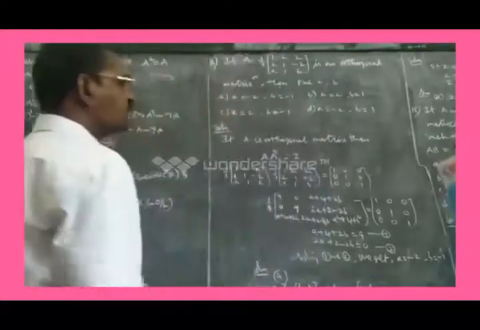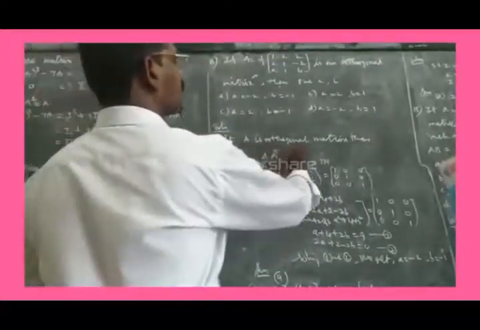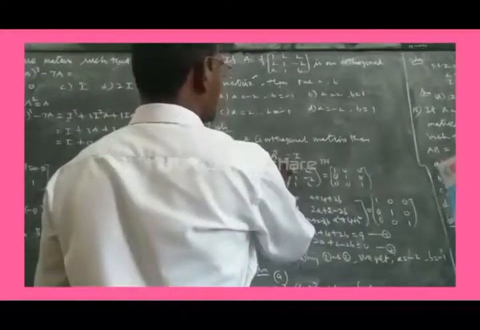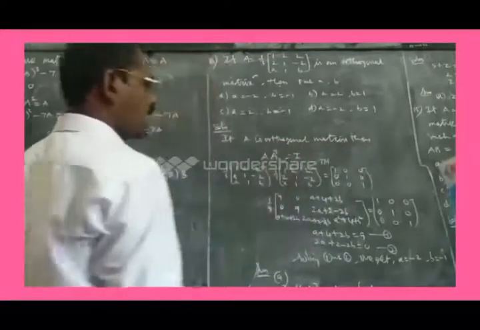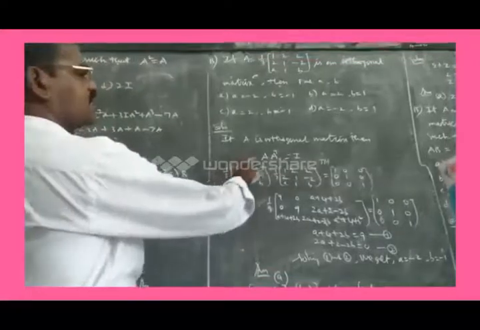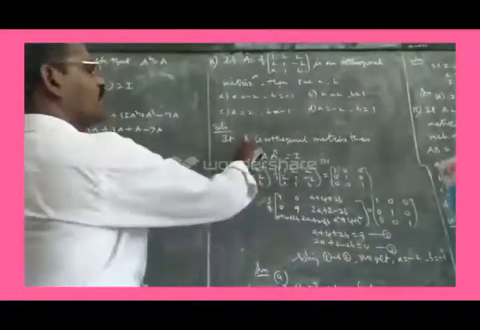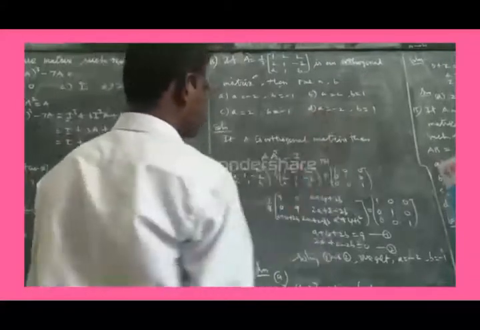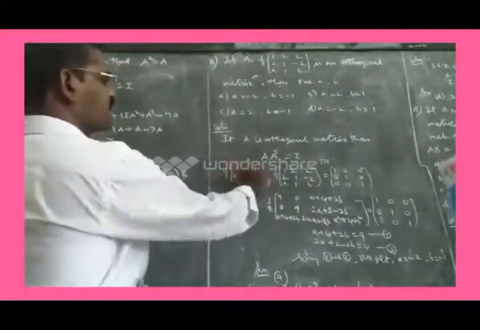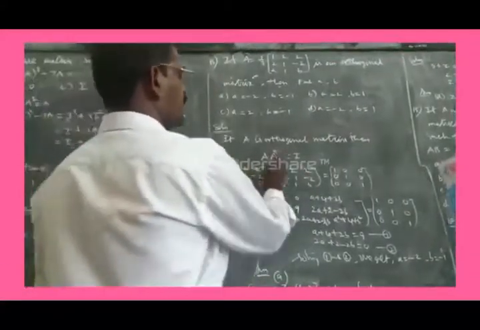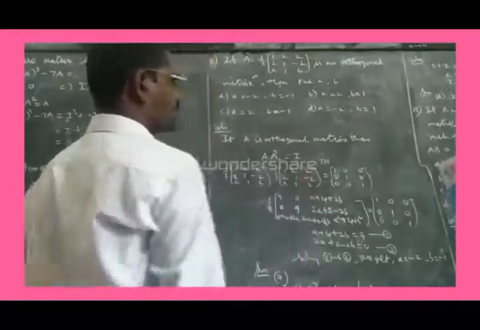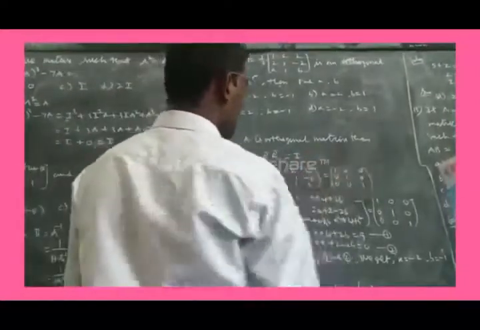If A is an orthogonal matrix, then A into A transpose equal to I.